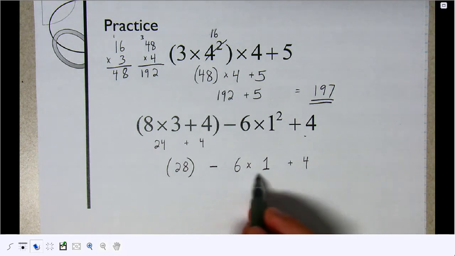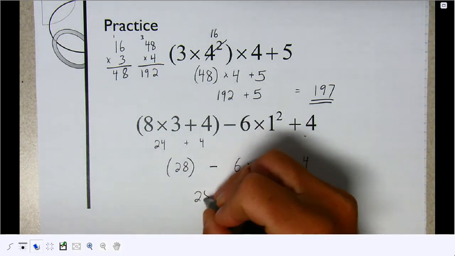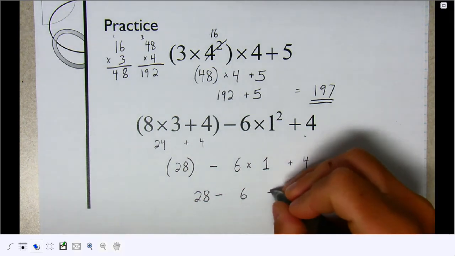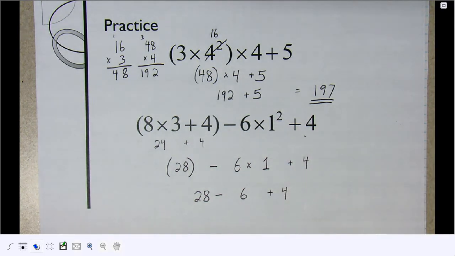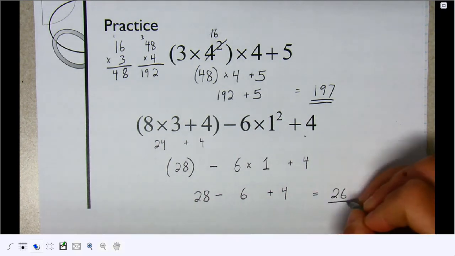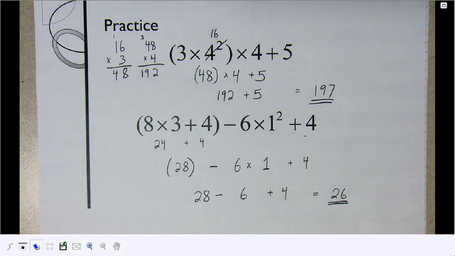Okay, we'll do that multiplication next, and this becomes 28 minus 6 times 1 is 6 plus 4. And 28 minus 6 is 22 plus 4 leaves us with 26. And there you have it. Hopefully you got 26 for that second one.